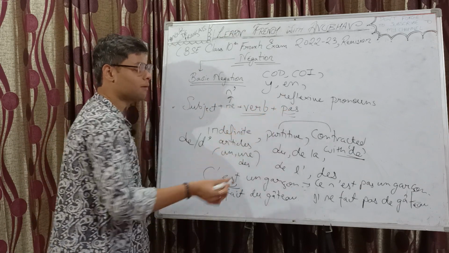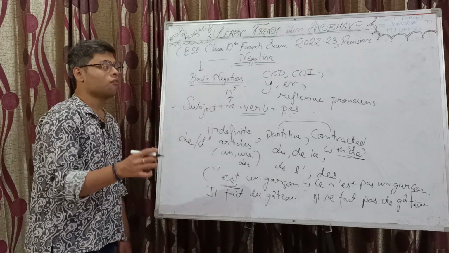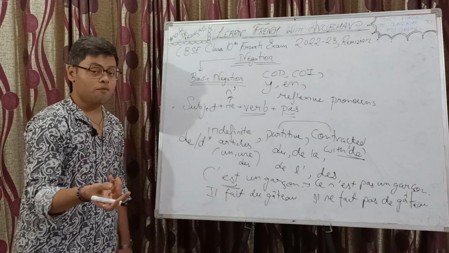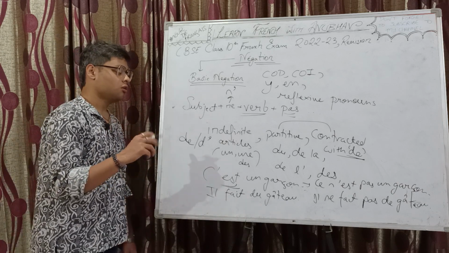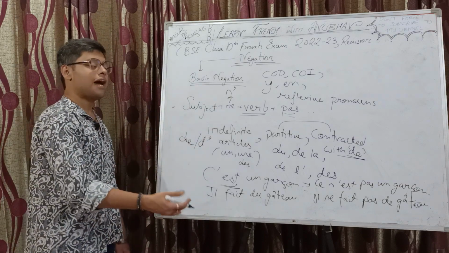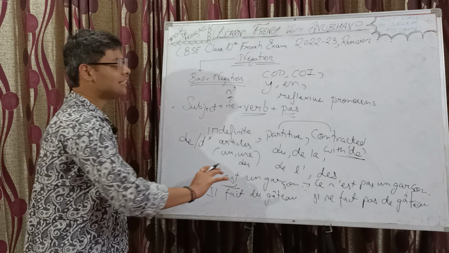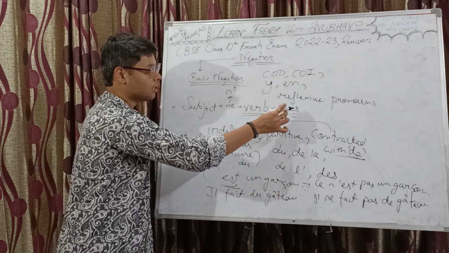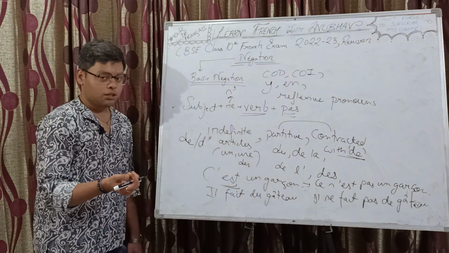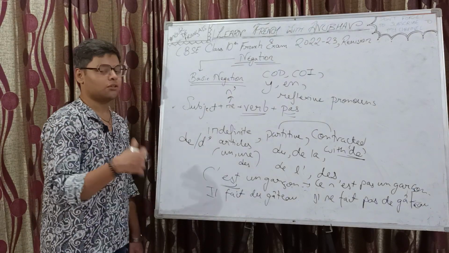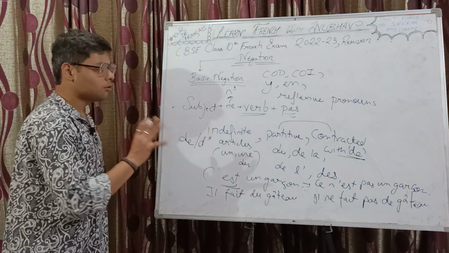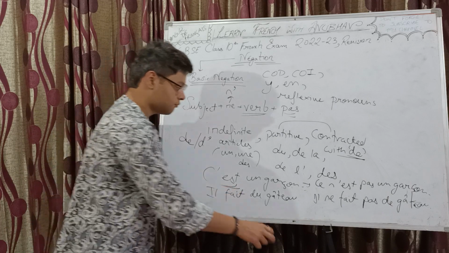Pas simply means not, but there are so many things we can talk about when we are saying something in negative. For example, nowhere or nobody. There are numerous expressions as in English as well. So the same way we have it in French as well, right? It's just that ne will come before the verb and then the negative expression after it. And for auxiliary verb tenses, it's the same: ne, then the auxiliary verb and then the expression. So now it's time to discuss all those expressions in brief.